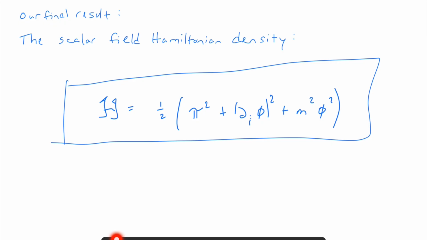I'll pause a little bit, but I'm going to give you a little flavor for what's next. This Hamiltonian density, as you can see, is expressed in terms of things that we know. Remember, we're not doing quantum mechanics yet, but we have a natural way of converting this expression. It couldn't be any more obvious if you looked at the first few lectures of how to convert this expression into one that makes sense on our Hilbert space.